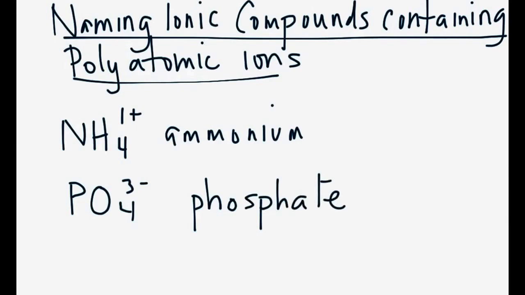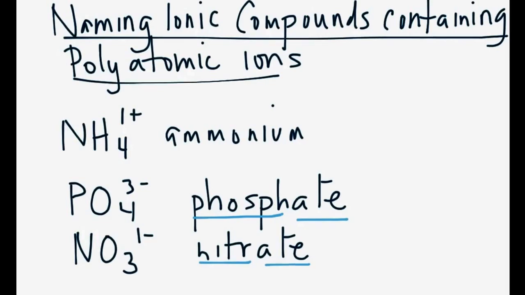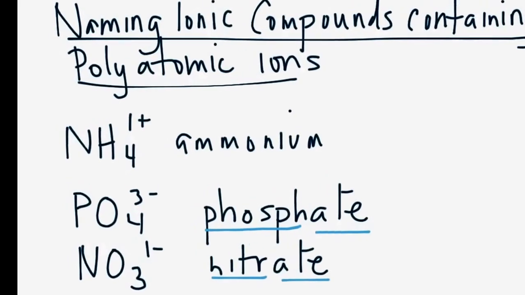All of the parent ions contain part of the element's name and then end in ATE. So NO3 1- would be nit for nitrogen, and then ate because it's the most common. All of the most common ones, the parent ions, end in ate.